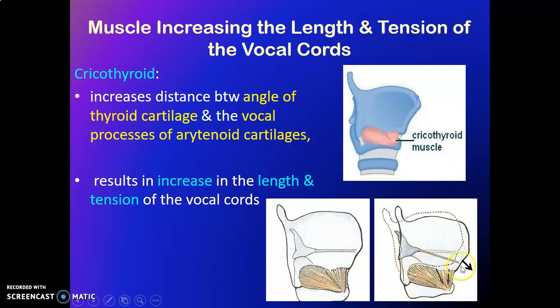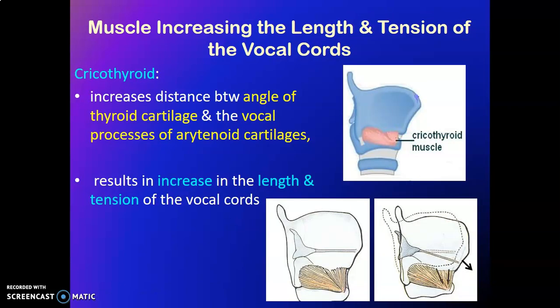So as you can see here, the angle of the thyroid and the vocal process of arytenoid cartilage. So when cricothyroid contracts, you increase the length and tension of the vocal cords. So this is the initial position of the vocal cord before cricothyroid contraction, and when it contracts, you increase the length and the tension on the vocal cords.